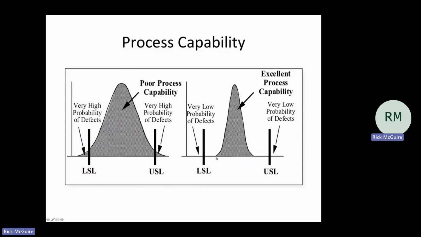This is wonderful. This is good. This is exactly what a process needs to be. It needs to be functioning within the lower and upper spec limits. My Cp value for this process is going to be greater than 1. Now, if it were equivalent to 1, I would simply have these lower and upper tails of the product distribution right next to the upper and lower spec limits.